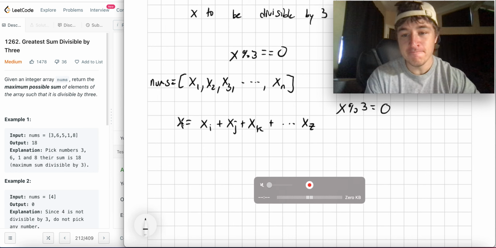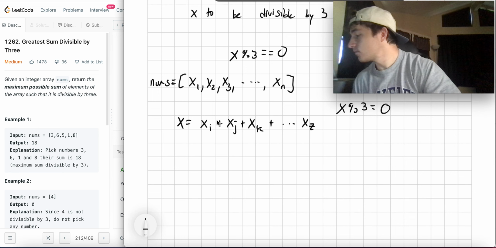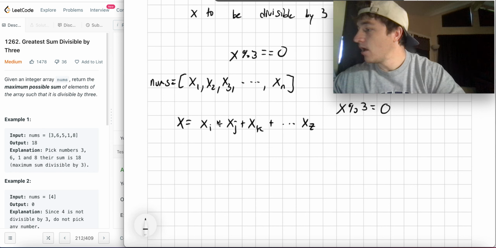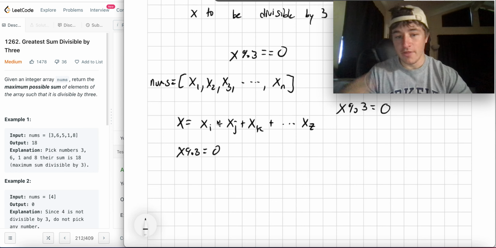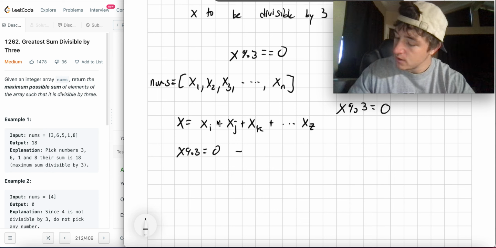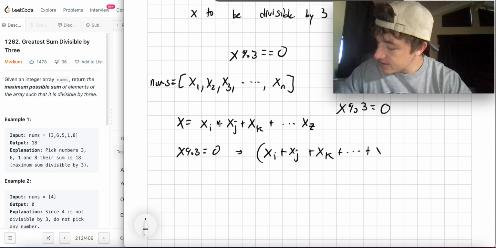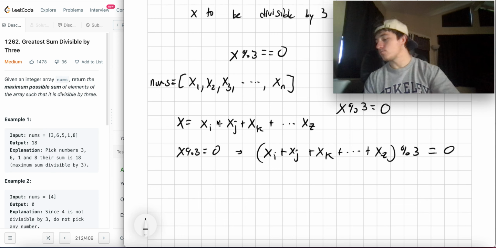x is the sum of the chosen elements. So that means we have the case that x mod 3 equals 0. Well, that's just the same thing as saying xi plus xj plus xk plus dot dot dot plus xz, mod 3 equals 0.